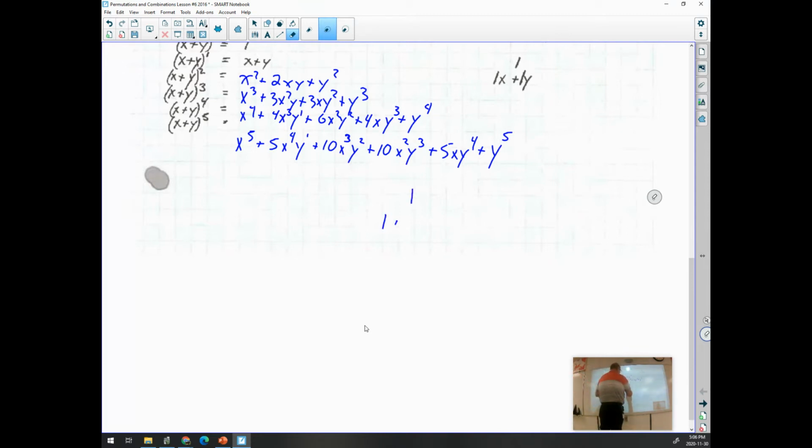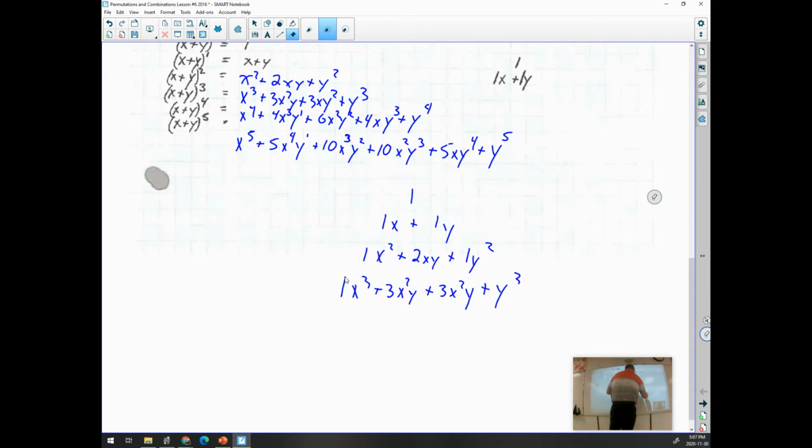We have 1x plus 1y, 1x squared plus 2xy plus 1y squared, 1x cubed plus 3x squared y plus 3xy squared plus y cubed, 1x to the fourth plus 4x cubed y plus 6x squared y squared plus 4xy cubed plus y to the fourth.